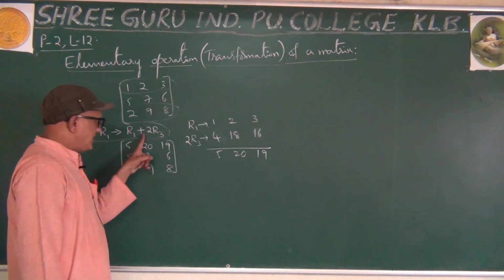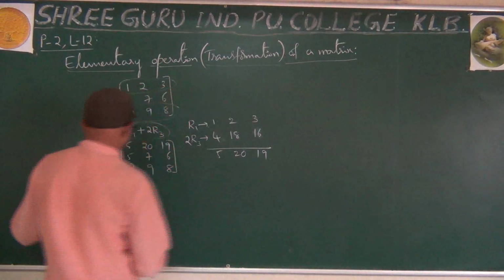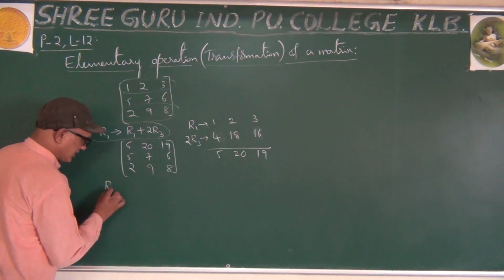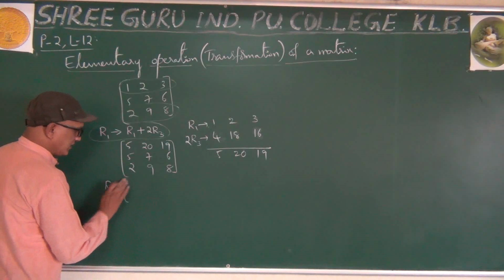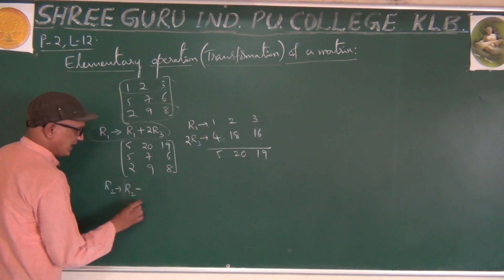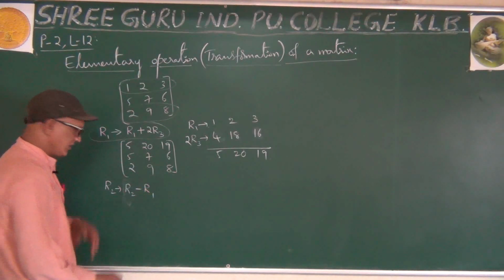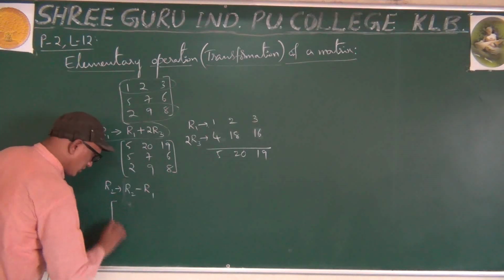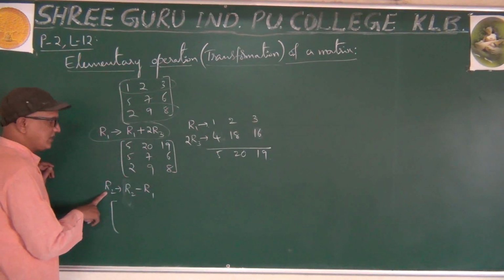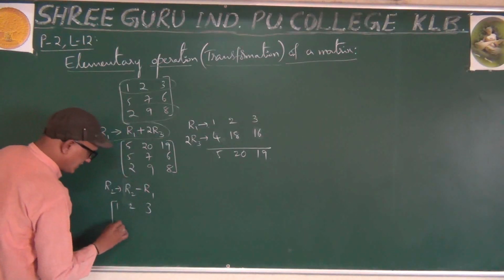Sir, is addition compulsory? No, you can subtract also. Let us see one more example. I want to change R2, like R2 minus R1. We are changing the second row. The first row is as it is, the third row is as it is.